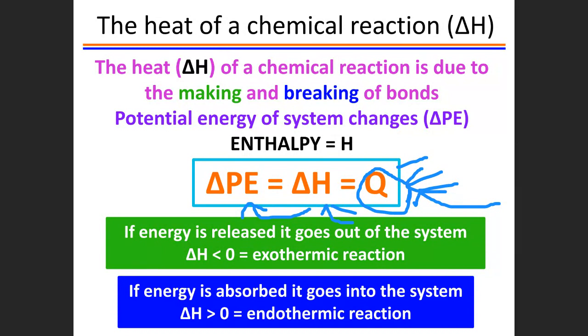If energy is released, it goes out of the system, and we know that del H is less than 0. Same thing, as I said, will repeat and repeat. If energy is absorbed, it goes into the system, and del H is greater than 0, and this is the endothermic reaction.